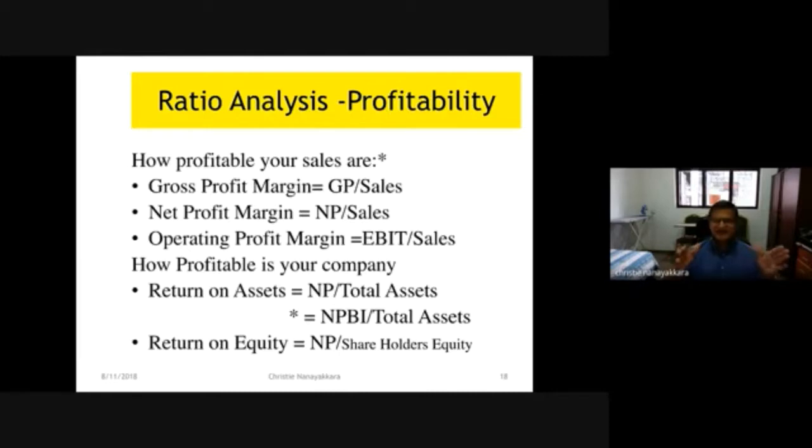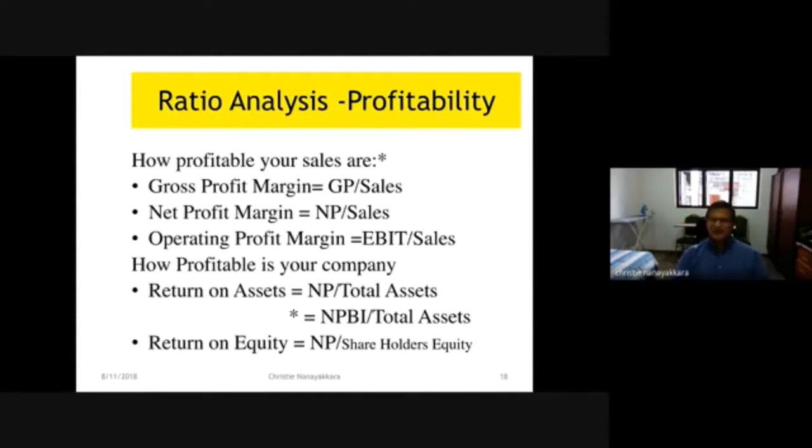In your customer's balance sheet, you have current assets and fixed assets, and that works out to total assets. Now we divide net profit by your total assets to arrive at return on assets. So you must have a positive figure. That means your total assets must contribute to make money for the company.